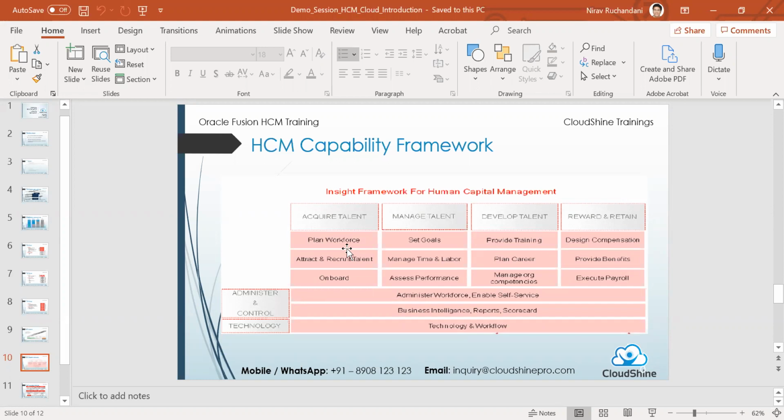So designing the compensation of the employee, managing the benefits of the employee, and then of course executing the payroll. These are the four large buckets into which Oracle has split their solutions. They may not necessarily point to a particular module per se, or may point to a set of modules. When we go into the next slide, you will come to know how it is.